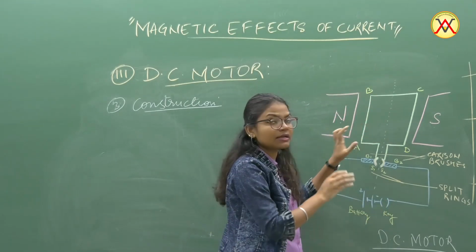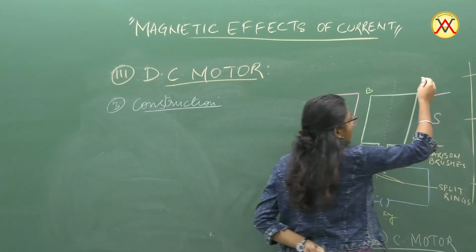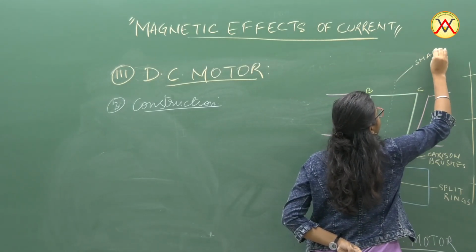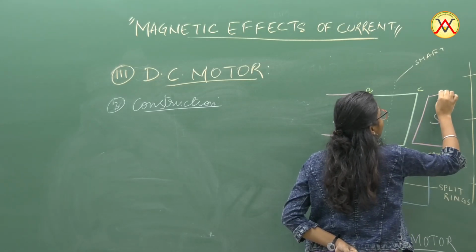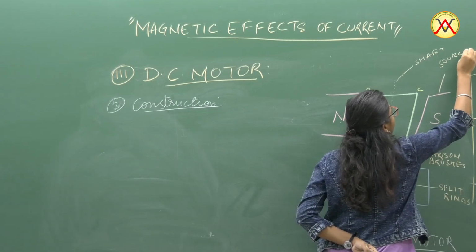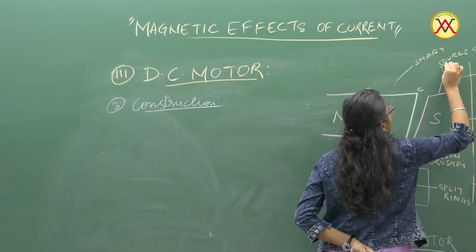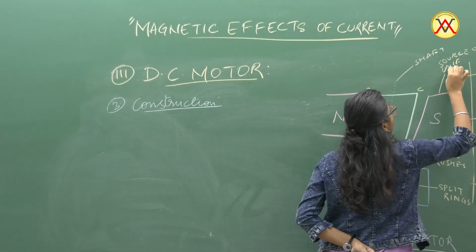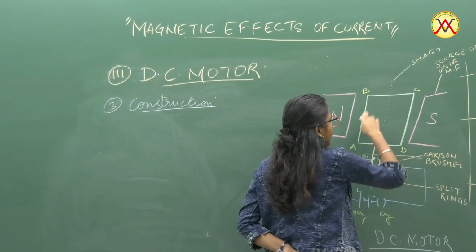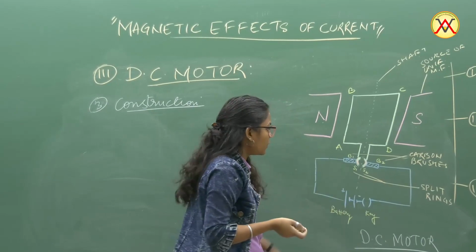This is simply the construction part. Here, if you wish, you may write it down as shaft. You may write it down as source of uniform magnetic field. ABCD is again your rectangular coil.